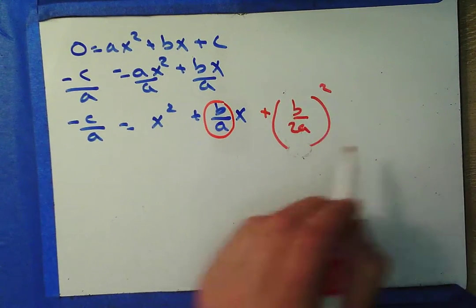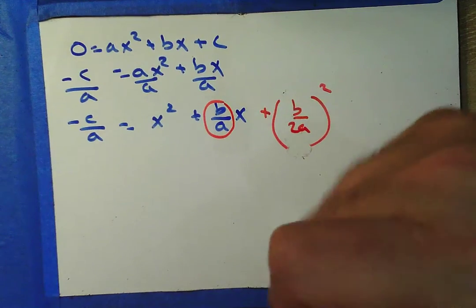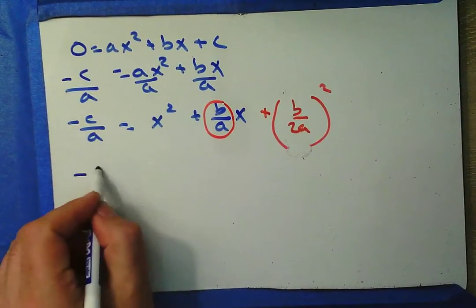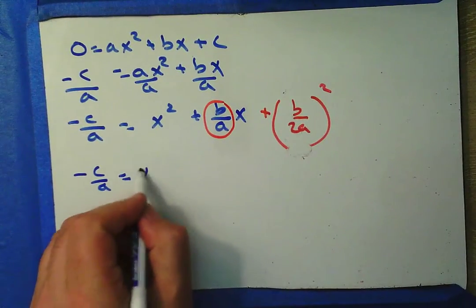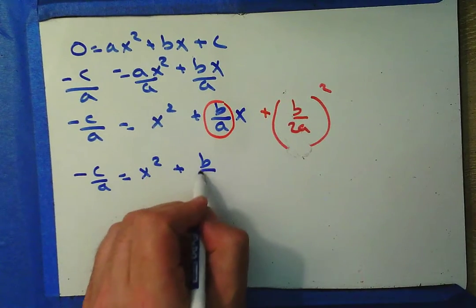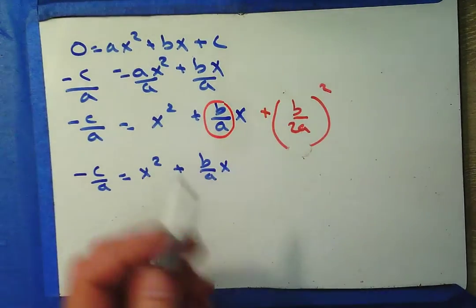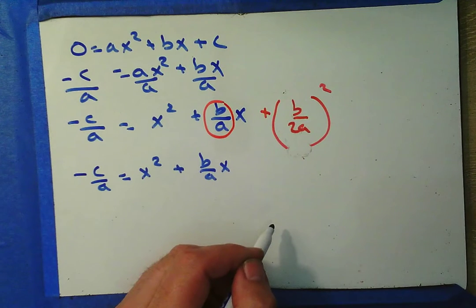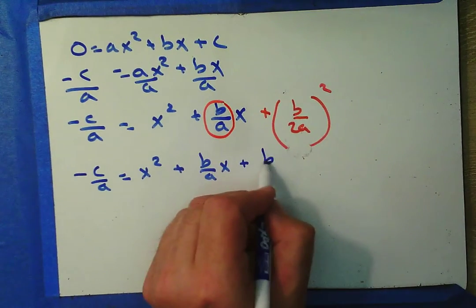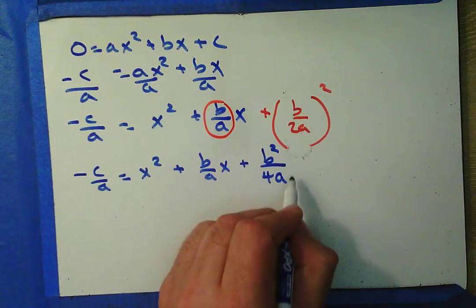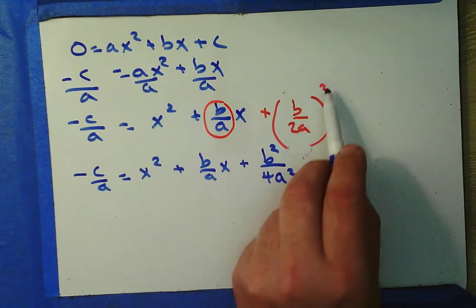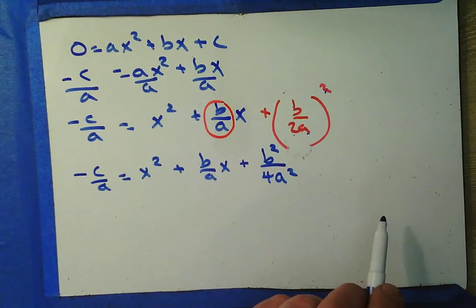And if I square this, I'll now be looking at x squared plus b over a. Actually, I don't need to square that, do I? Yes, I do. b squared over 4a squared, right? Because I have to square the b, I have to square the 2, I have to square the a.